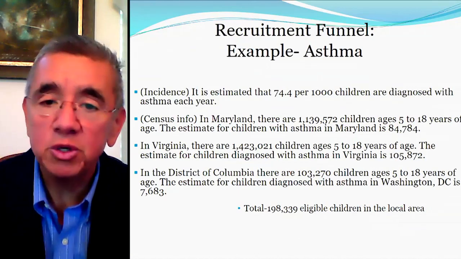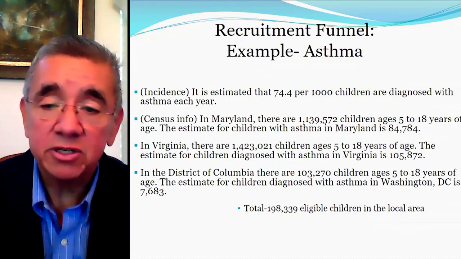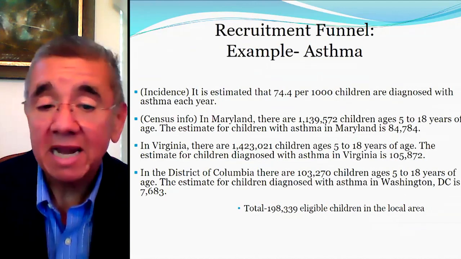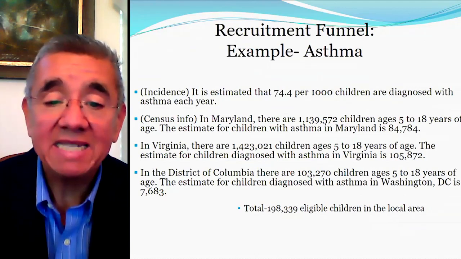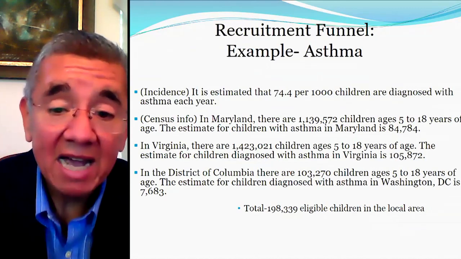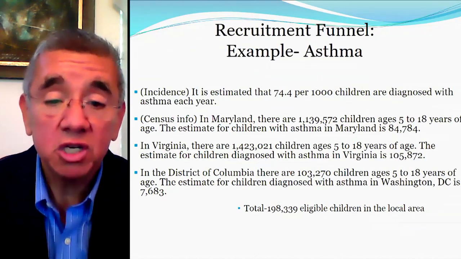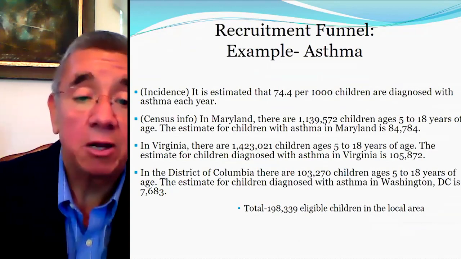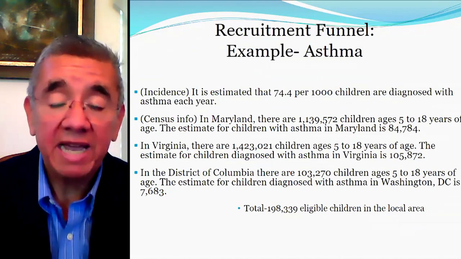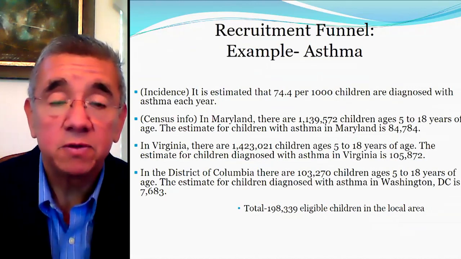When we use this data, we start doing some math, and we came out that the total number of children who may have asthma, or may develop asthma in the future, is 198,339. So this is our educated guess when we use our funnel.